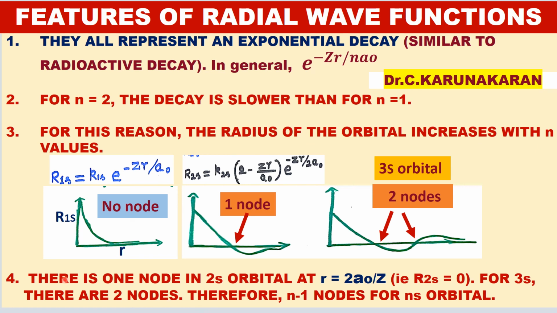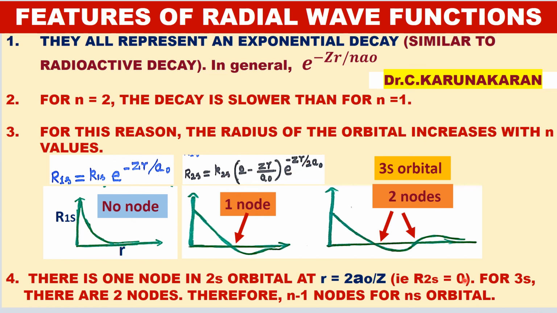Another important feature is that there is no node for 1s orbital and there is one node for 2s orbital at r equal to 2a0 by Z. Let us substitute 2a0 by Z here. Then 2 minus 2 you will get, which is 0, and 0 into anything is 0.